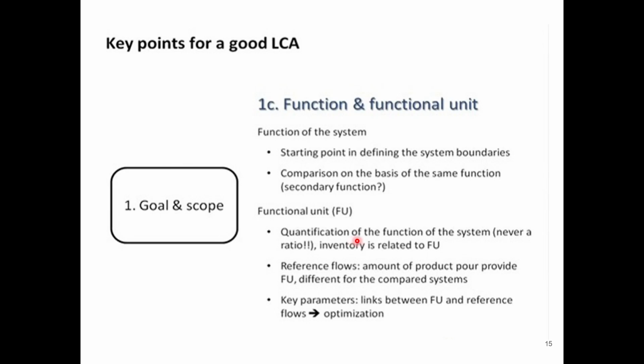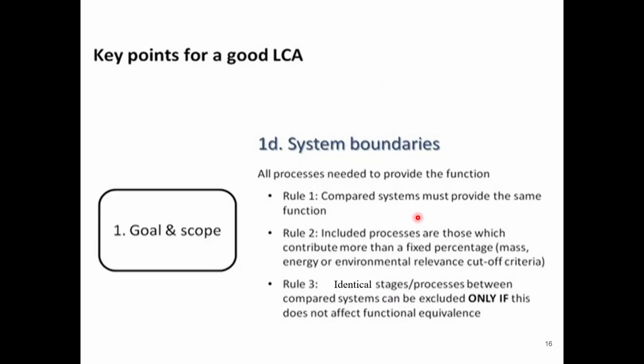This is the quantification of the function of the system; it is never a ratio, and the inventory is related to the FU. Reference flows are the amount of product needed to provide the FU, different for the compared systems. Key parameters link the FU and reference flows, that is optimization. So these are some of the important parameters in goal and scope.